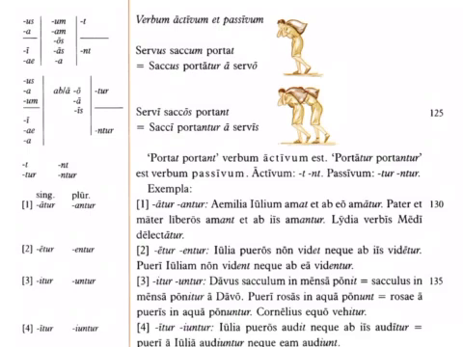So, in an active sentence, the subject does the action, and the verb has a direct object, which in Latin is going to be accusative case. Thus, in that first sentence, servus sacum portat, servus is nominative subject, sacum is the accusative direct object. In the second set, servi is the nominative plural subject, sacos is the accusative plural direct object, right?